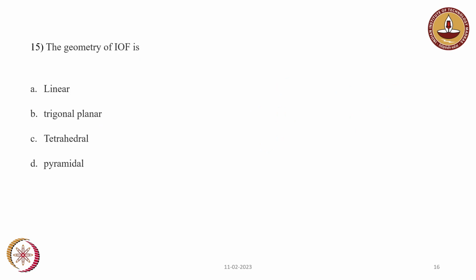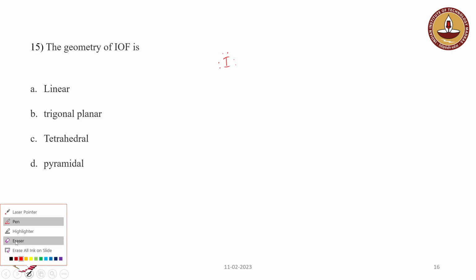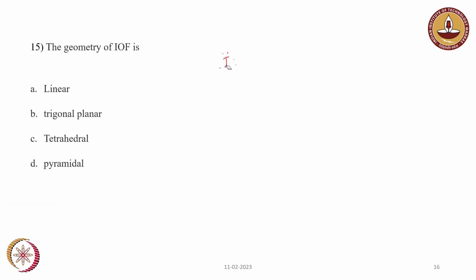And the next question is the geometry of IOF. A is linear, B is trigonal planar, C is tetrahedral, and D is pyramidal. So in IOF, I has 7 electrons in valence. We'll go with oxygen as the central atom.